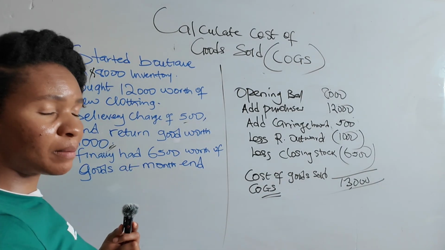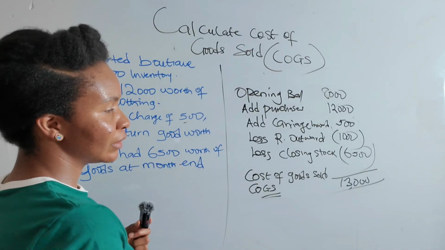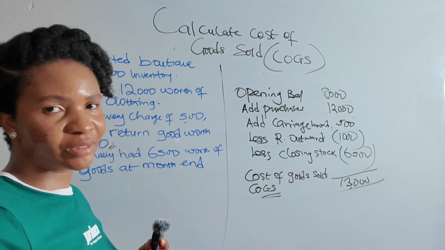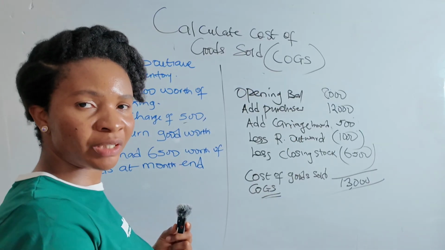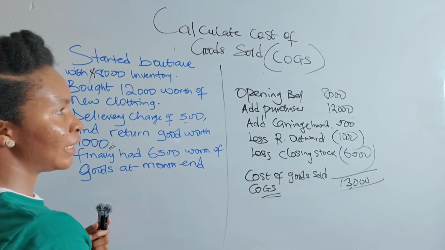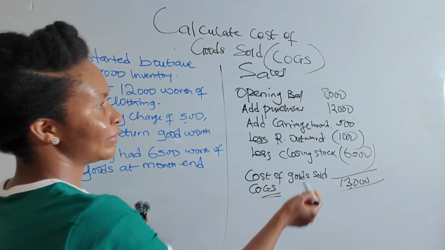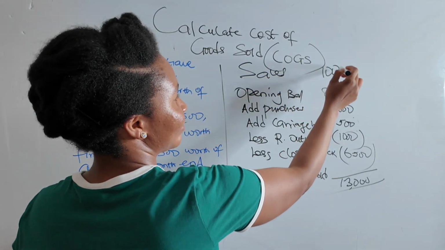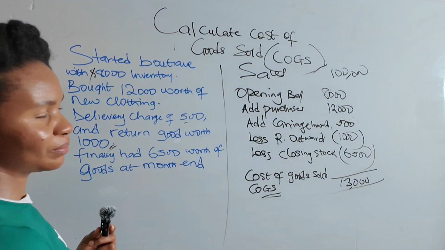So the amount of goods that was sold during the month is actually worth 13,000. And if you go ahead to compute your full profit and loss statement, let's imagine that your sales was about 100,000, and then you had cost of goods sold, that is 13,000.